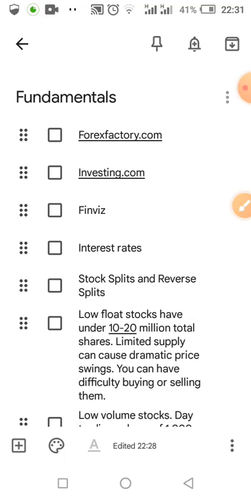Fundamentals also help us to avoid trading when there may be market conditions which may be risky for us to trade. One of the main websites you can use to check for some of the fundamental news is forexfactory.com.